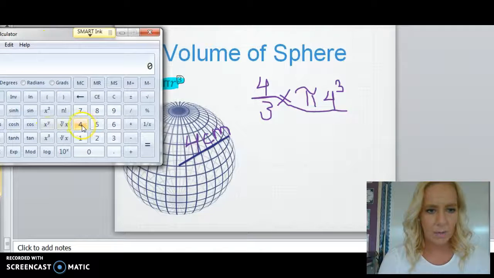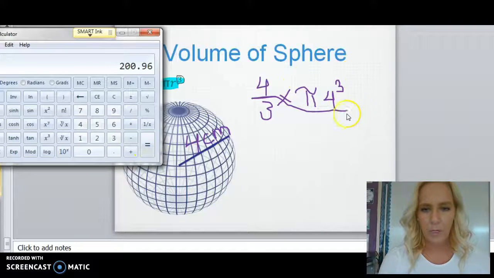So I'm going to take 4 cubed times pi, in this case I'm going to use 3.14, equals 200.96, which takes care of pi times 4 to the 3rd power.